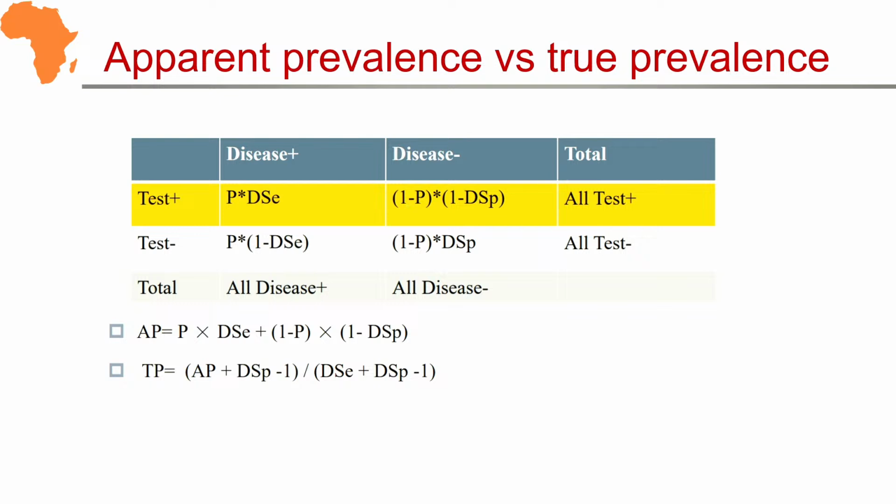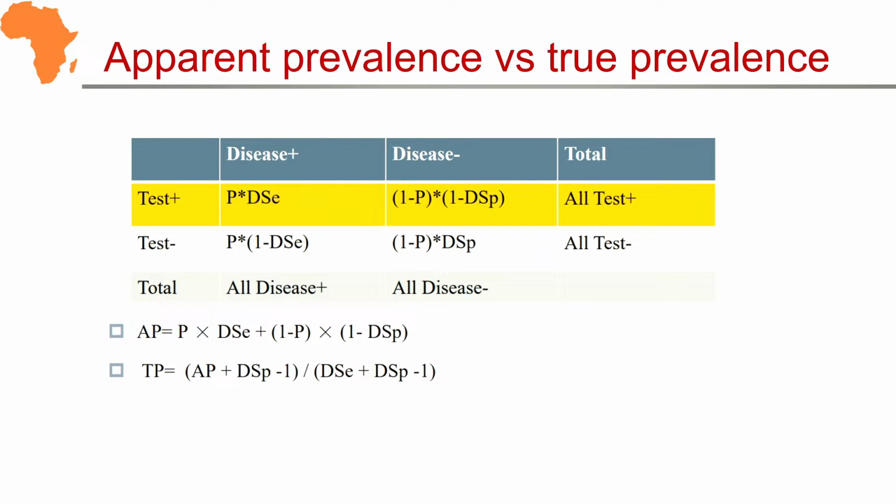Now, anything with a D, just call it sensitivity. So, test positive, disease. Okay, let me start. Disease positive, disease. Test positive, test. This is what? True positives is prevalence times sensitivity.